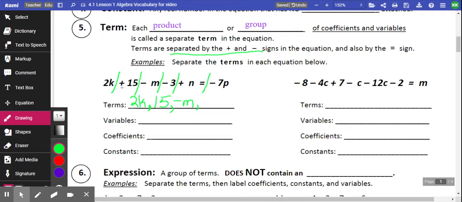You don't have to have the positive, because as we know, if there's nothing in front of it, it is positive. But we do need the negative signs. Our next term is negative 3. And then n. And then negative 7p. So those are the terms, those are the groups in this equation.